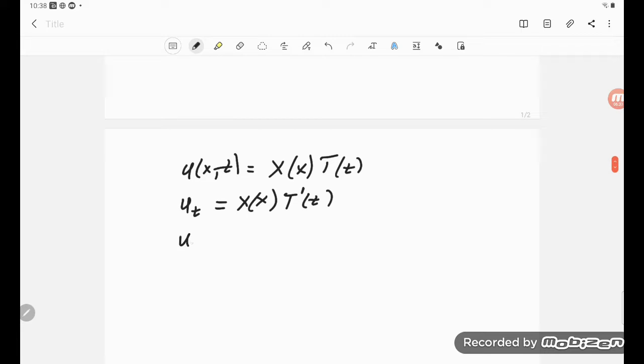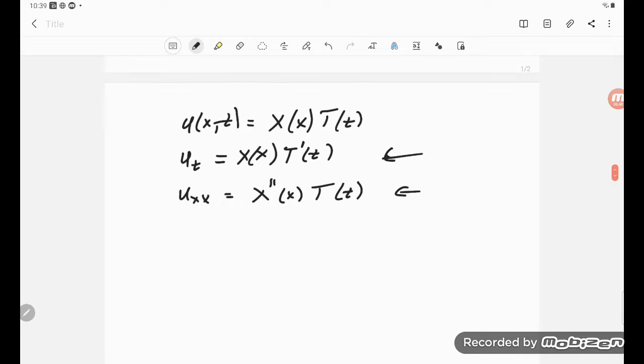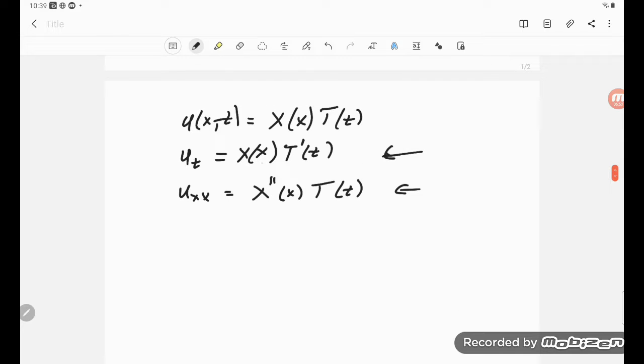And if I want u sub xx, that would just be X double prime of x times T. Okay, that's a nice thing. If we really do have solutions like this, then this is very convenient because these are just regular derivatives.